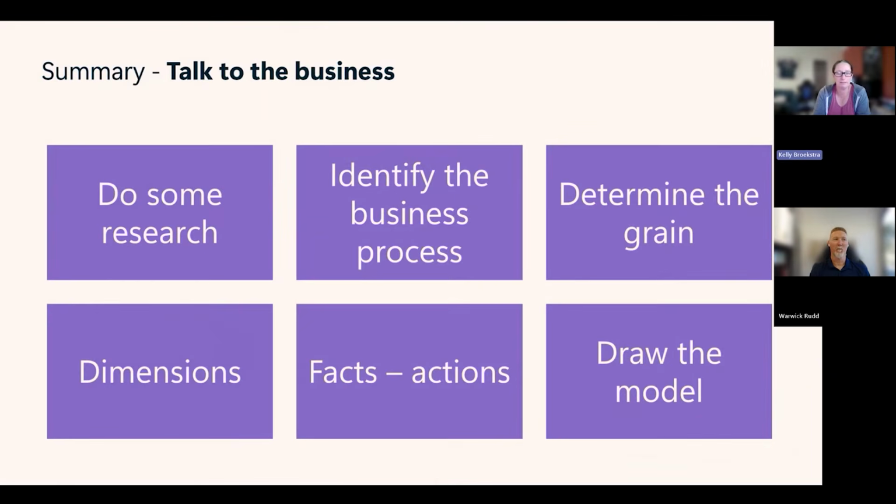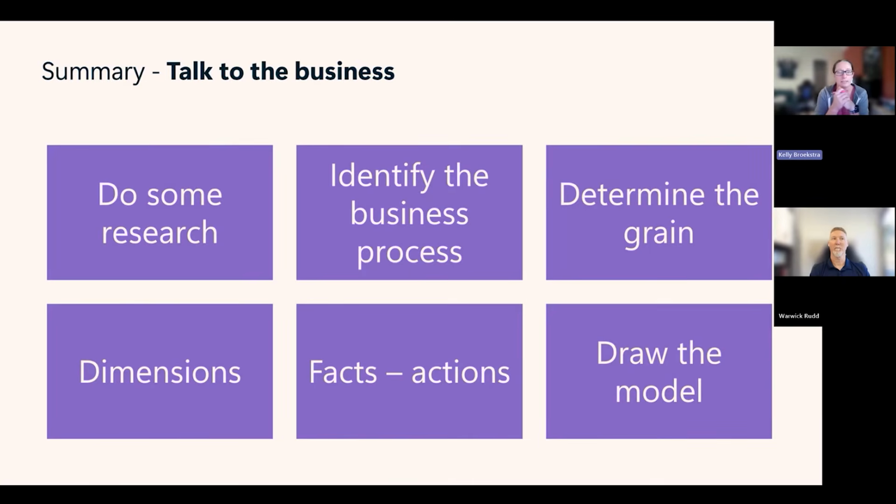So this is a little bit of an agenda for our presentation today. Like I said, it's more talking than demos, but basically we're going to talk you through the process of going to the business, finding some business requirements for a report and turning that into a scalable, user-friendly, easy to consume data model.